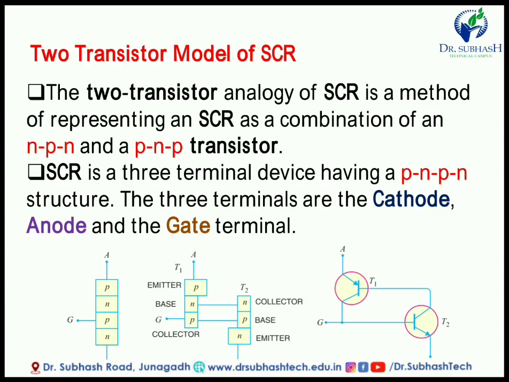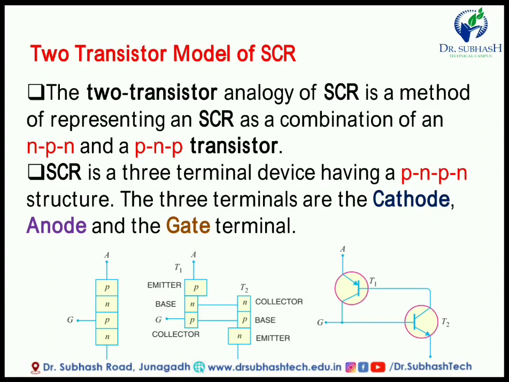The structure of SCR is made up of PNPN, which means 4 layers. We use 4 different semiconductor slabs connected to each other to make a total of 3 junctions: junction J1, junction J2 and junction J3. According to the forward or reverse condition of these junctions, we get the different VI characteristic of SCR.